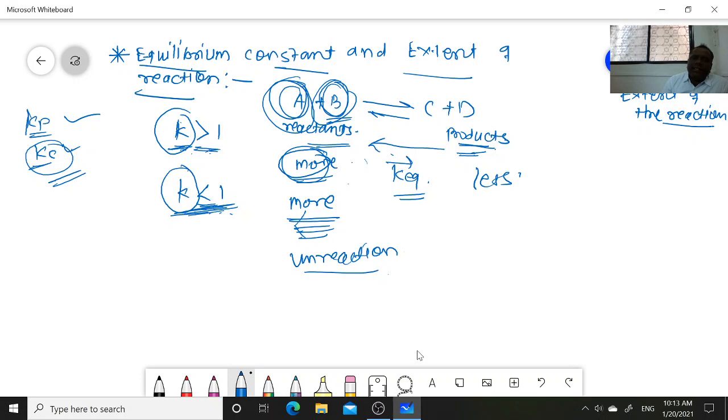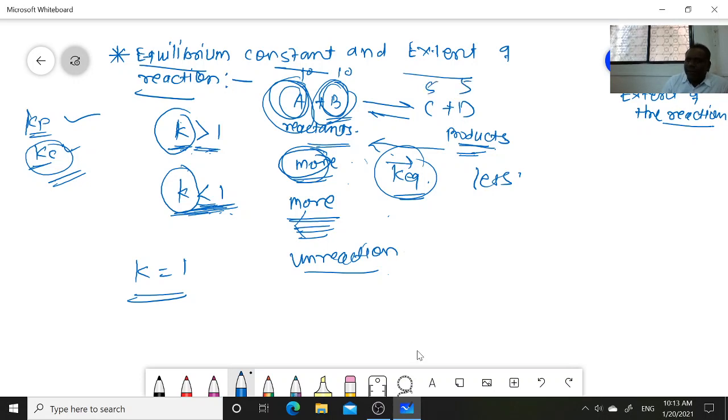Whenever there is a dynamic equilibrium, when K is equal to 1, the concentration of the reactant as well as the concentration of the product are equal. Suppose this is 10 liter, this is 10 liter, and this is forming 5 liter, and this is forming 5 liter.